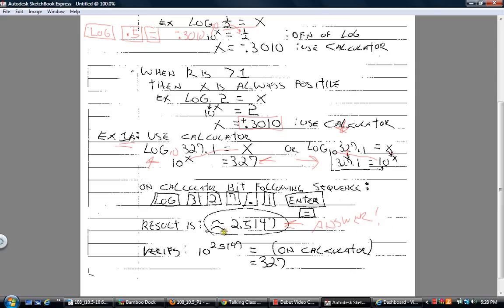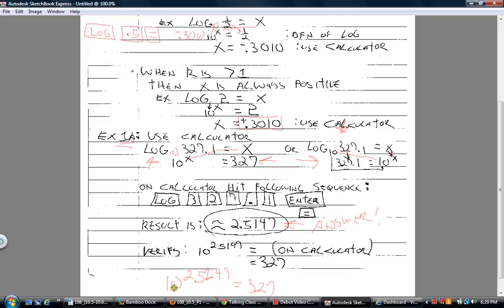Now what's interesting: we said 10 raised to the x equals 327. That answer means 10 raised to the 2.5147 has to equal 327.